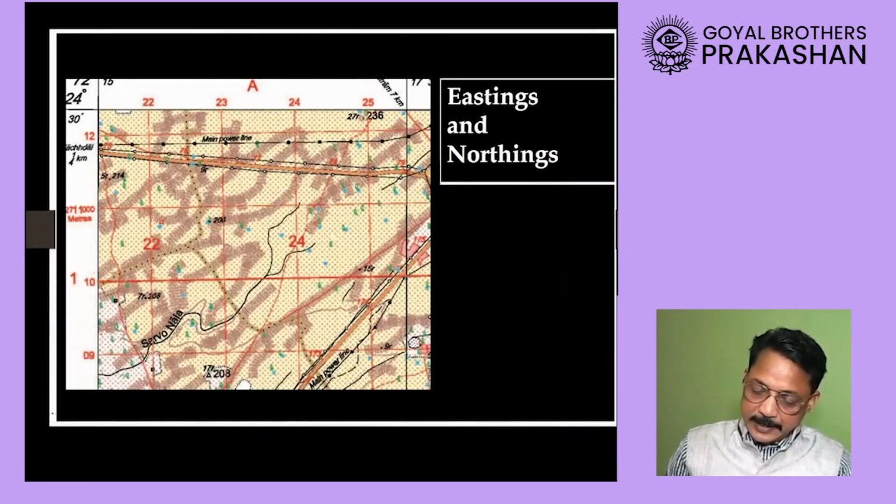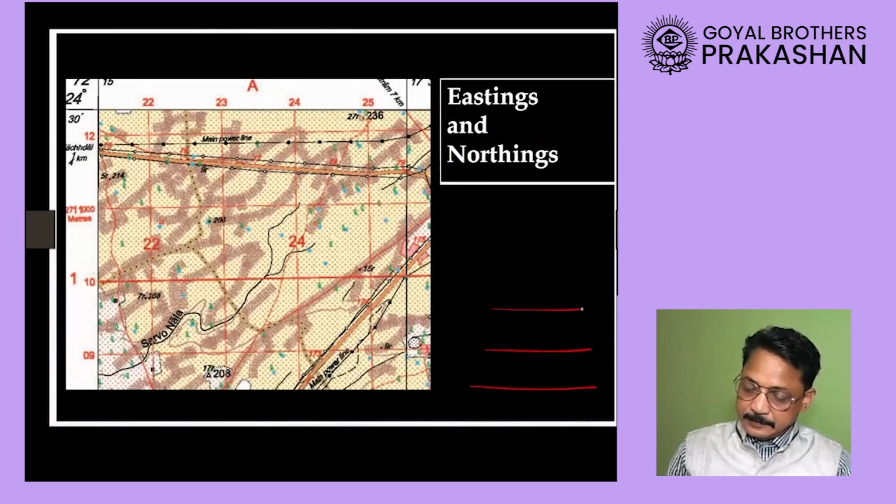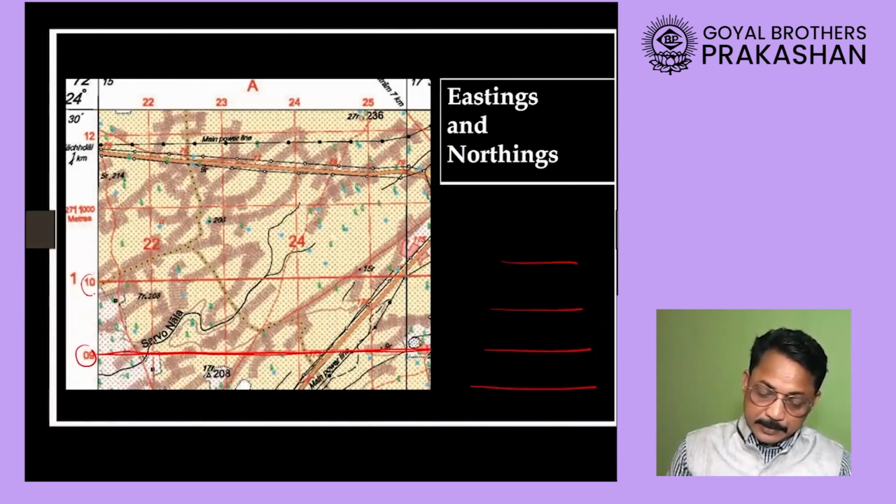Similarly, when I look at the northings, these are horizontal lines. Now look here, the first horizontal line, its number is written here 09. If I go up, 10, the next one will be 11, next one will be 12.